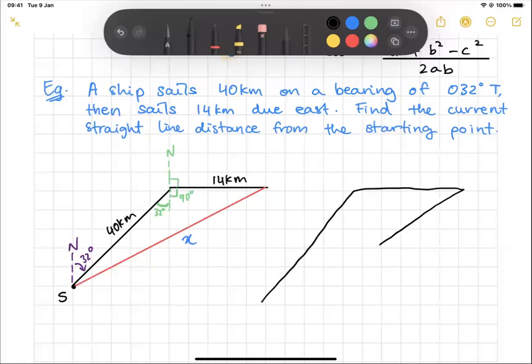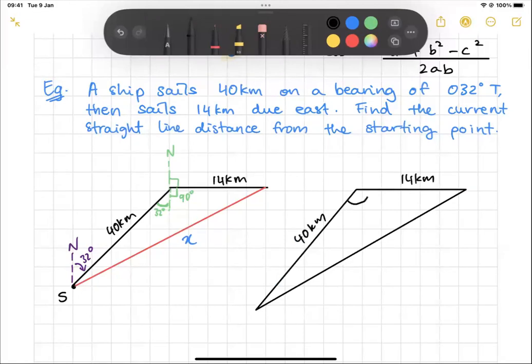Again, we're going to isolate our drawing. This is 14 kilometers. This is 40 kilometers. And this angle theta equals 32 degrees plus 90 degrees, which equals 122 degrees. Just write it down. That is 122 degrees, and I'm trying to find what this is.